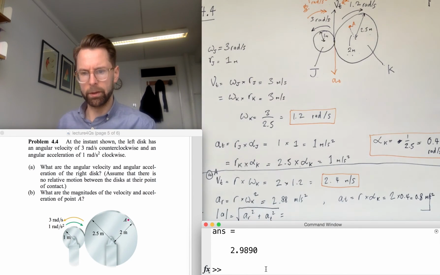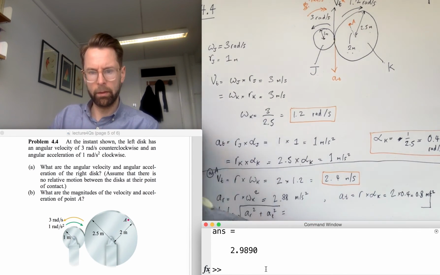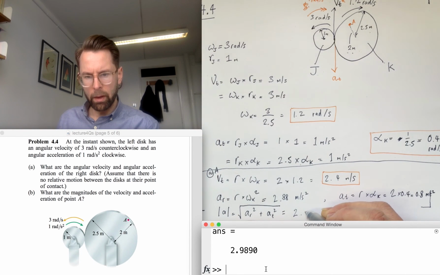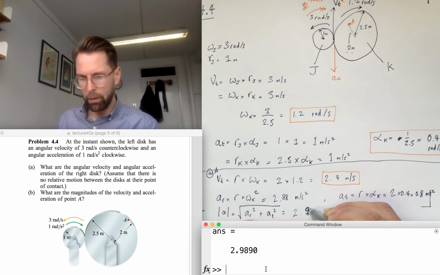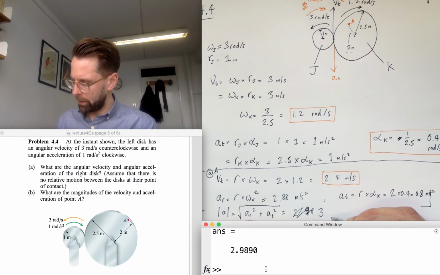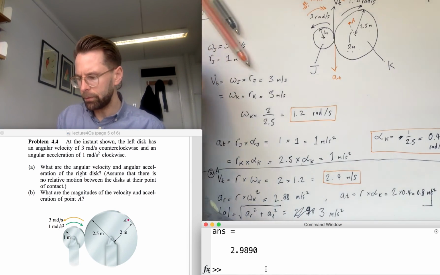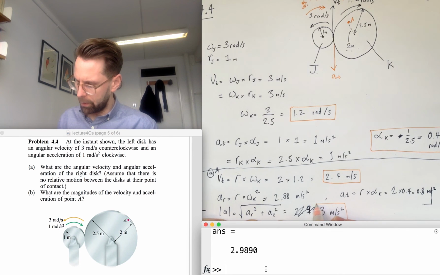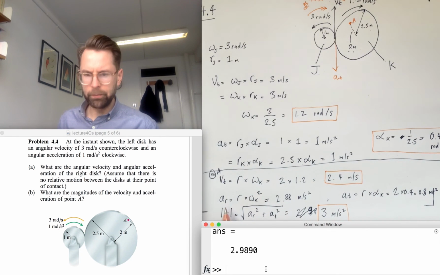So that gives us a value of 2.99, which rounds up to 3, meters per second squared. And I think that's the right answer. Okay.